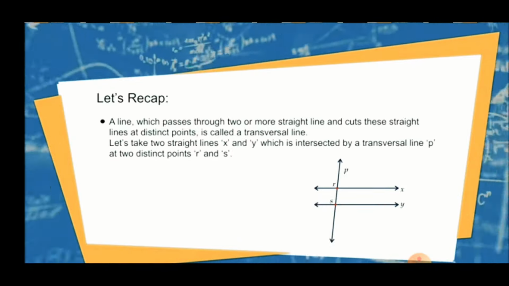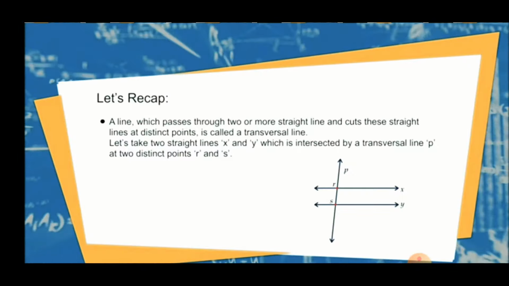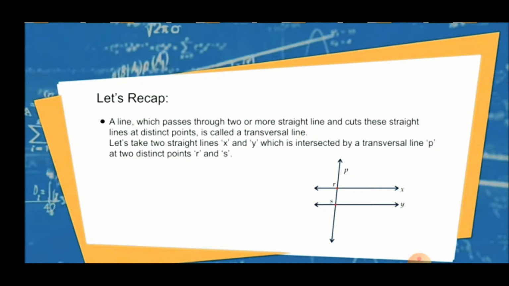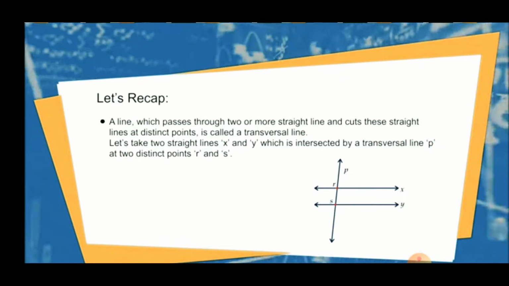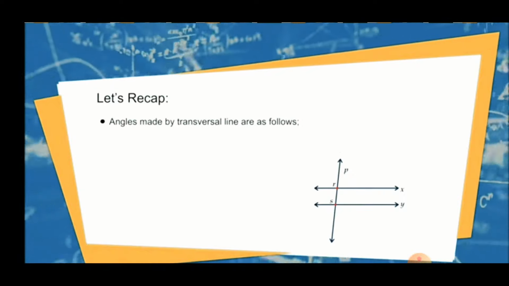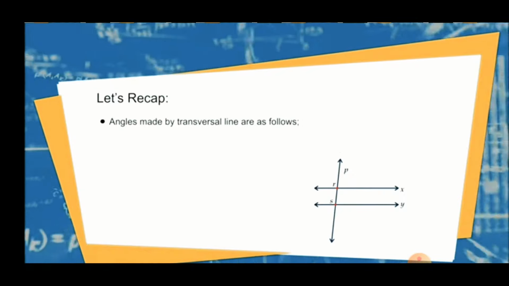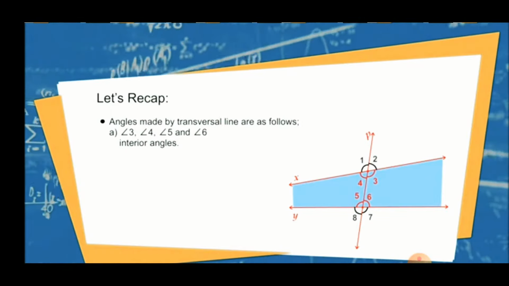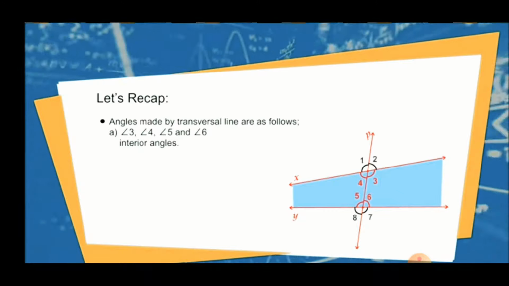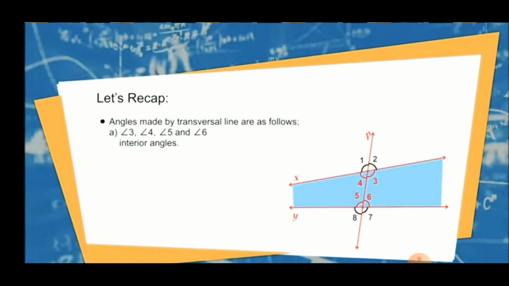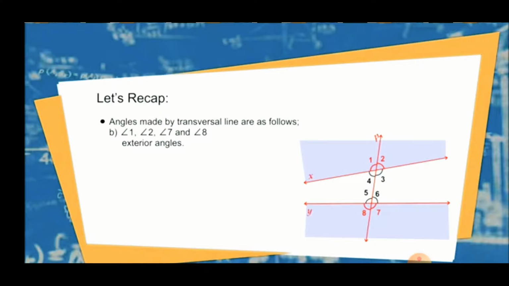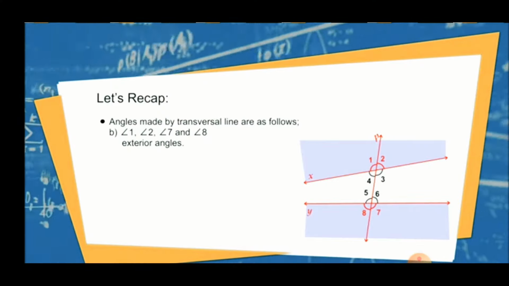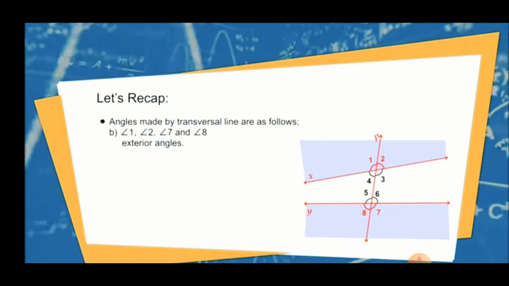Let's take two straight lines x and y, which are intersected by a transversal line P at two distinct points R and S. Angles made by the transversal line are as follows: A, angle 3, angle 4, angle 5, and angle 6 are called interior angles. B, angle 1, angle 2, angle 7, and angle 8 are called exterior angles.